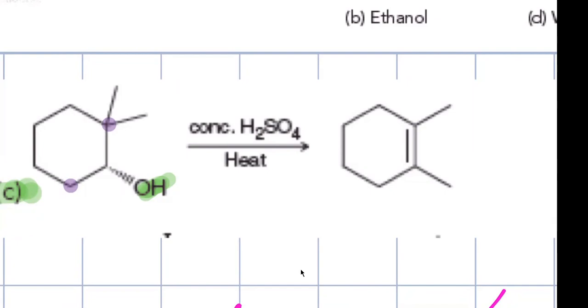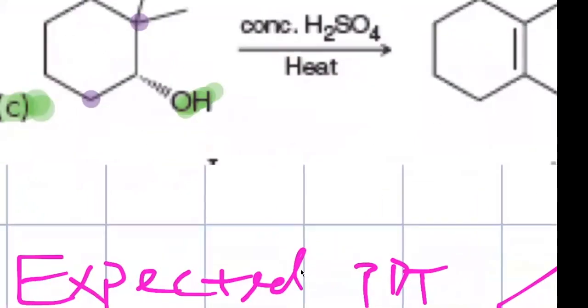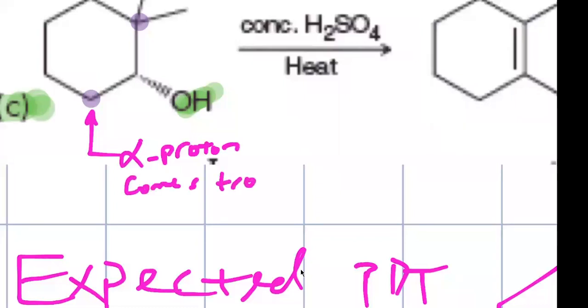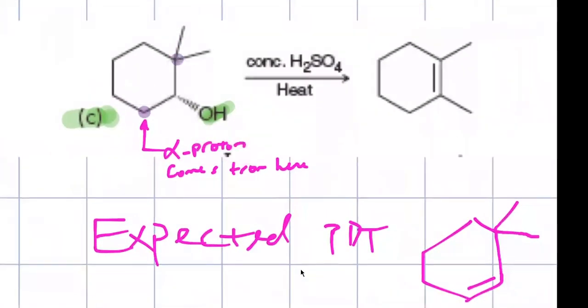Or does it already have a full octet? Full. No hydrogen. So that's why your alpha proton has to come from here, because there's no alpha protons up top.